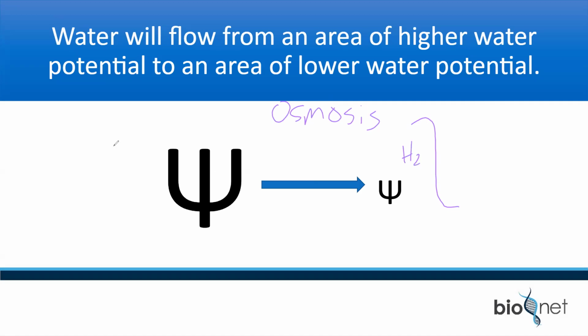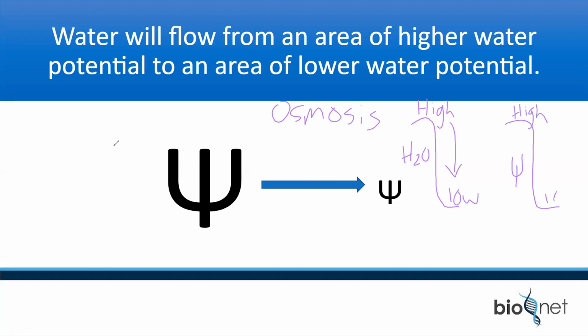And water will always move passively from high to low concentration. So wherever there's more water, water will flow from where there's more to where there's less. The same idea is true here for water potential.